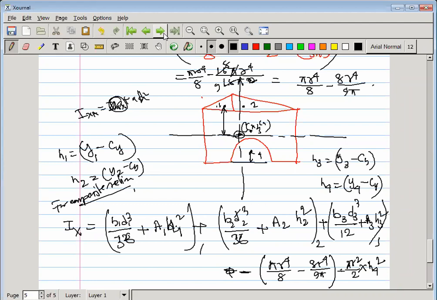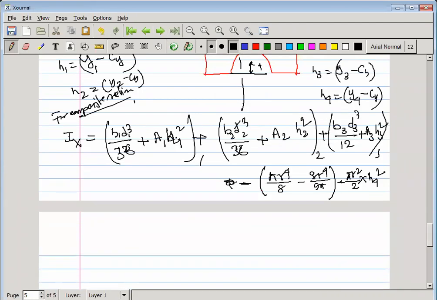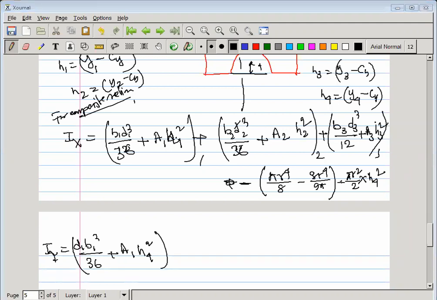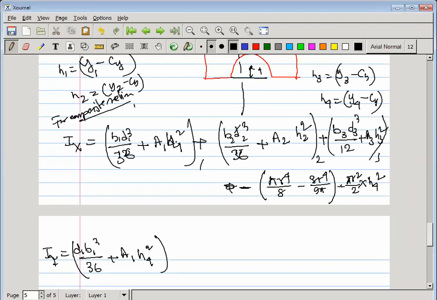Just one change: d1b1³/36, because it is a triangle, plus a1h4². Remember, when we calculate Iy along the Y axis.